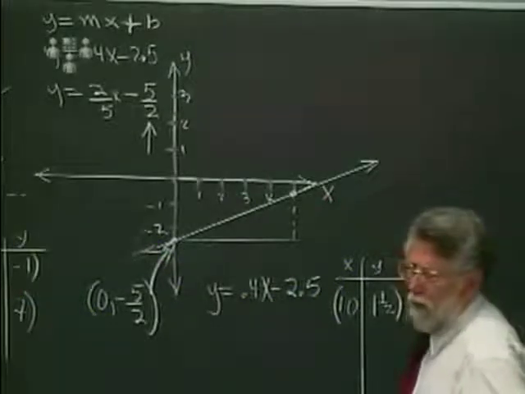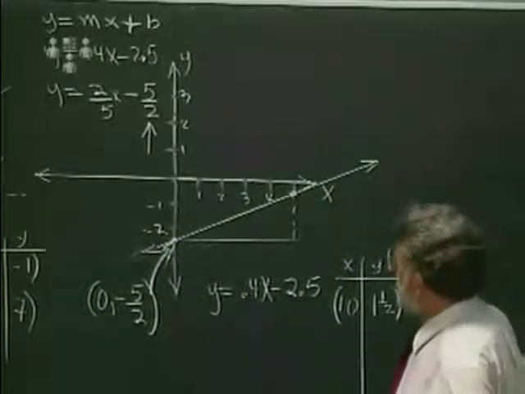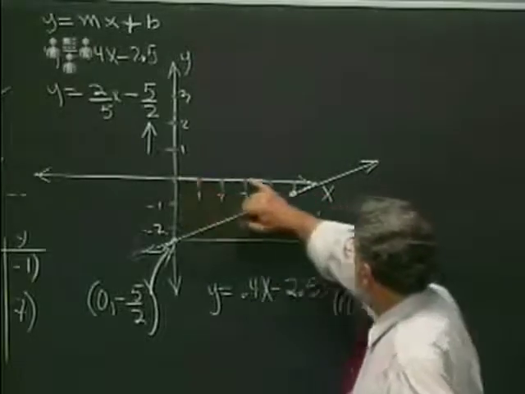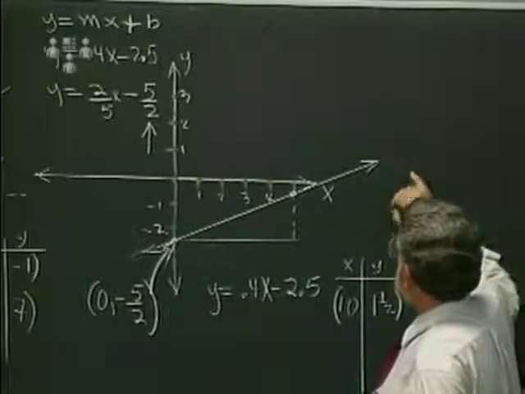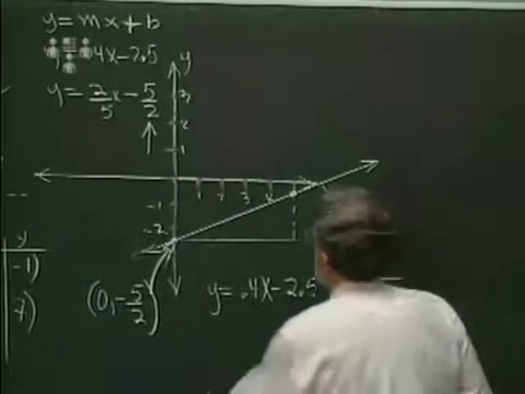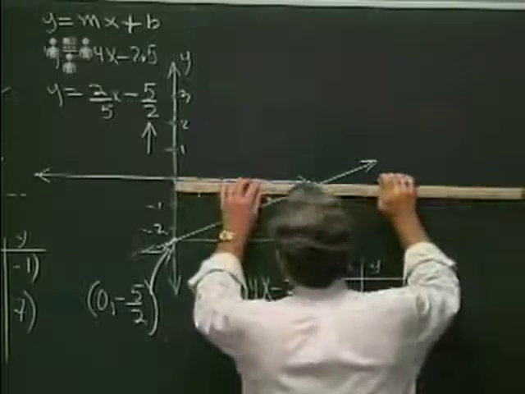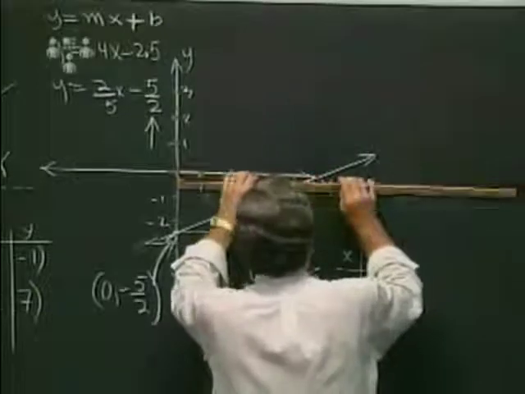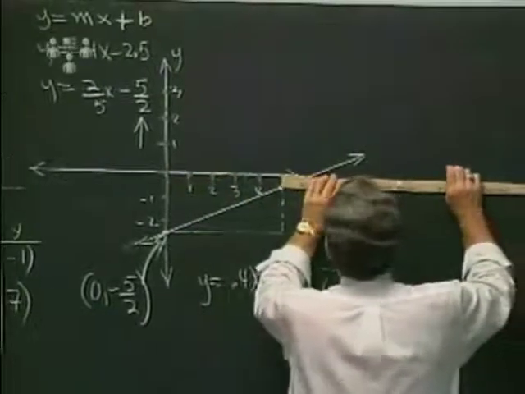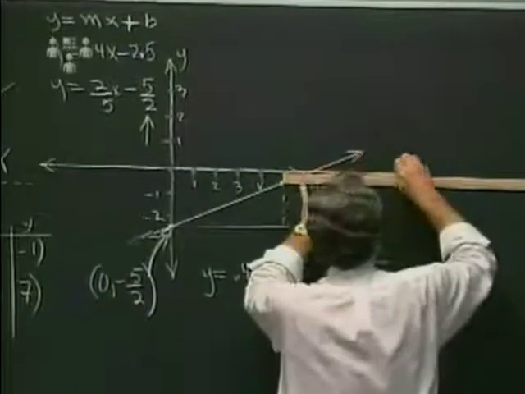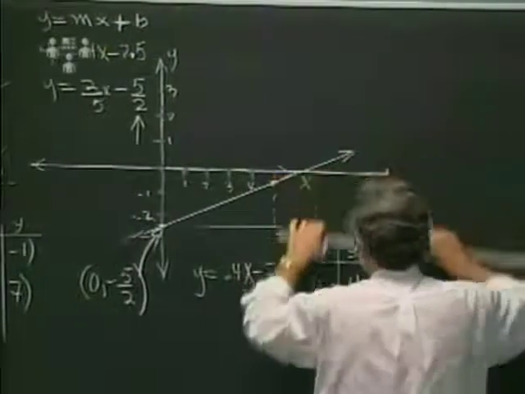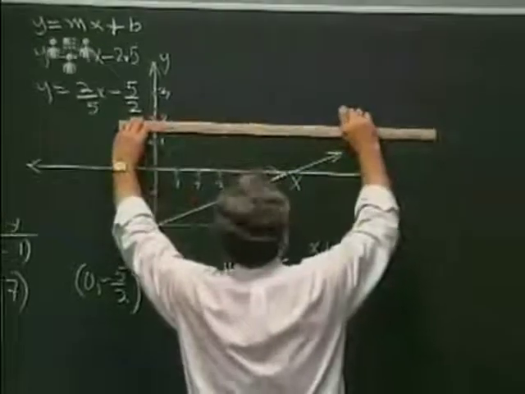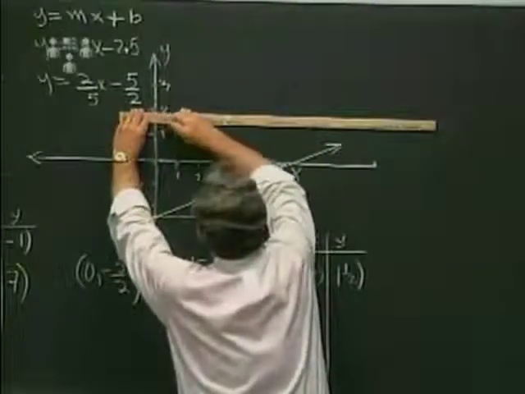No, 10 comma 1.5. So you go over 10 and up. So if I'm here, I go over 5 more, and I should be at 1.5. So let's see if it works. This was at 5, we said right here. Okay, so I'm going to make a line right there. Come over another 5. So this means I'm out here at this point, and then I'm supposed to go up 1.5, and so this is, I think, what we're doing here.